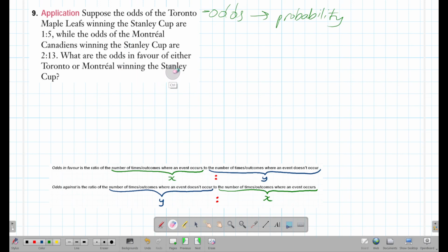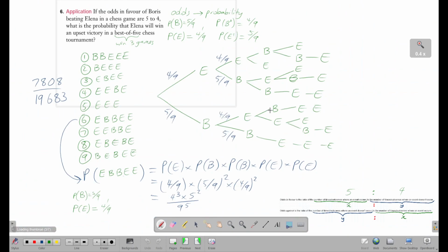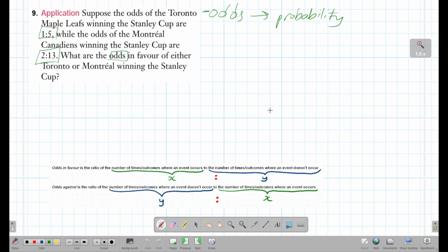But the question is basically giving us two odds and asking us to find an odds, specifically in favor of either Toronto or Montreal winning the Stanley Cup. So we're going to take the odds that were given and turn them into probability, much like the previous video, which is question 8.